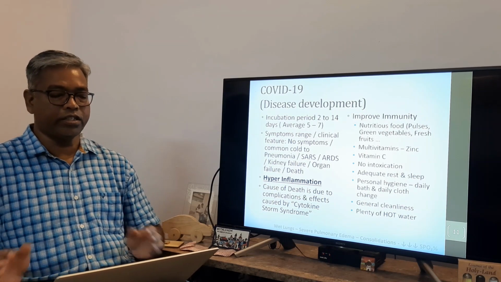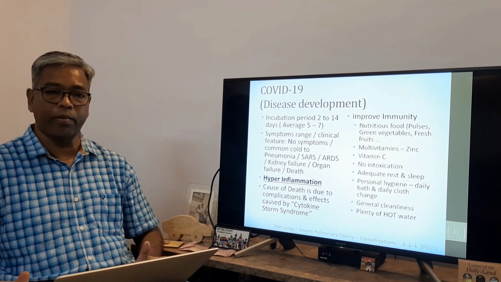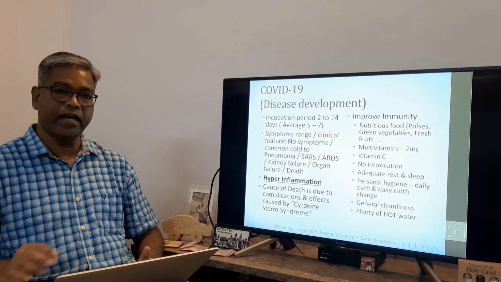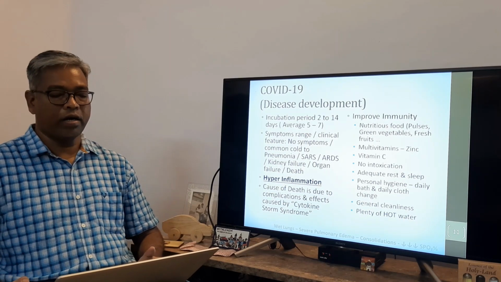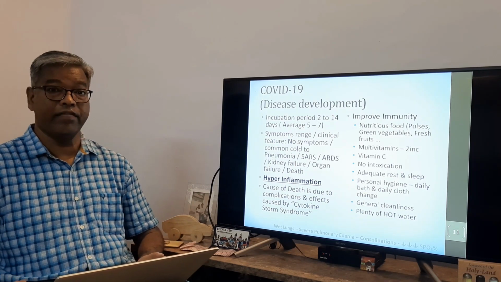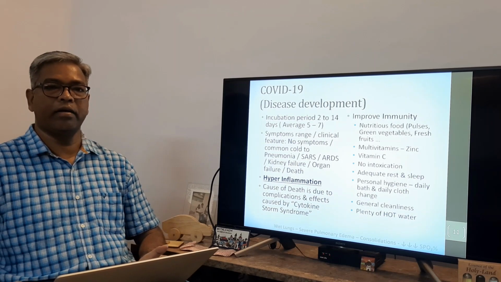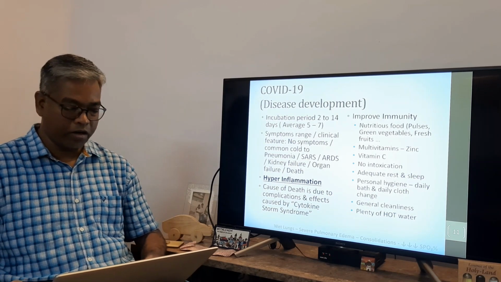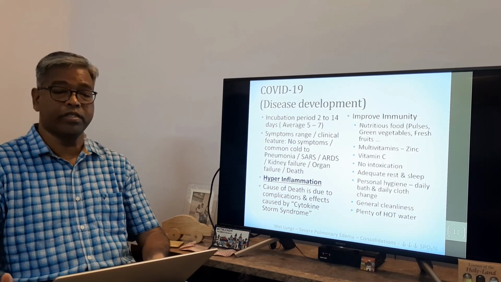So the clinical features range from no symptoms, meaning there's no problem, the virus is there, you may do the test and find yourself positive, but you don't have anything. That doesn't give us a green signal to go around and have our normal life, because you will infect others who will become symptomatic.